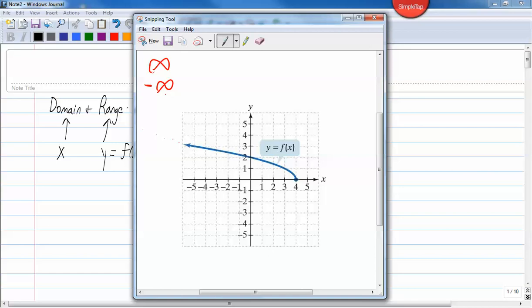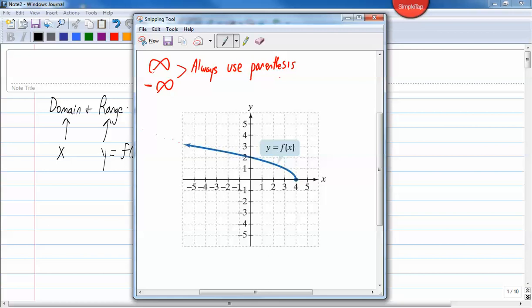And with both of these, you always use parentheses. Because it's just the concept that it goes on forever and ever. There is no biggest number called infinity, or smallest number called negative infinity. It's just the concept that numbers keep going on and on forever.